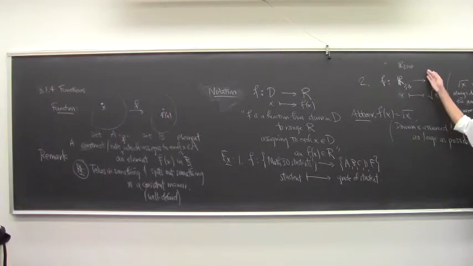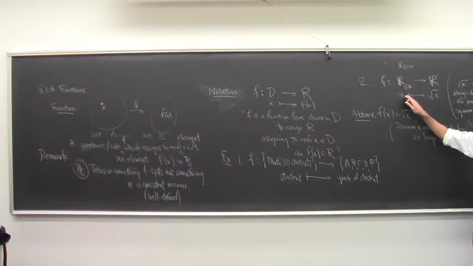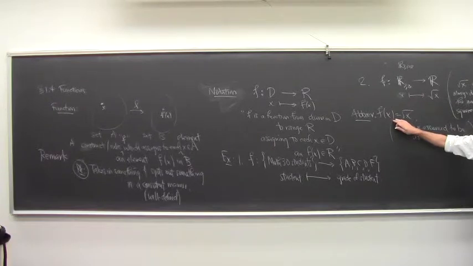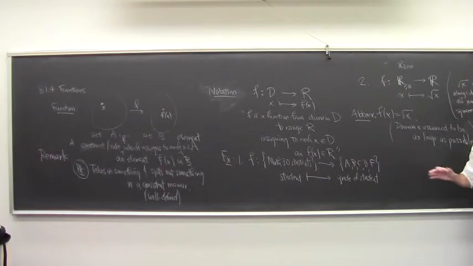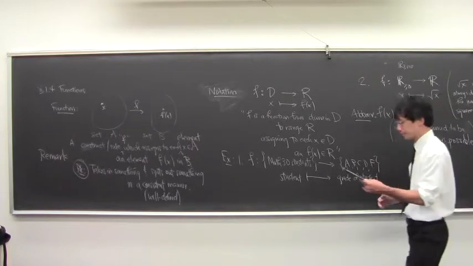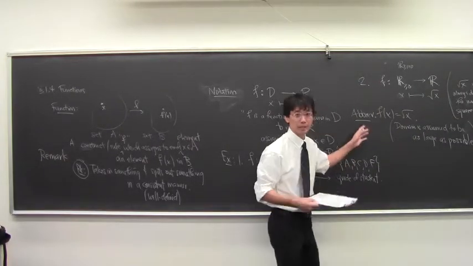That's a different function. But if you wanted to specify it, well then you probably write things out this way. But if you say something like this, you're not going to say, oh, does he mean x is greater than 100? No, you just assume that the domain is as large as possible. Take the maximal domain you can think of. Okay. Is that clear?